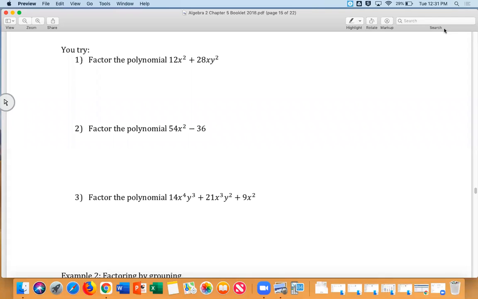Al, what number is going into 28? Right there. Well, they're both even, so you know 2 goes in there. My advice would be divide them both by 2 and see what's left.